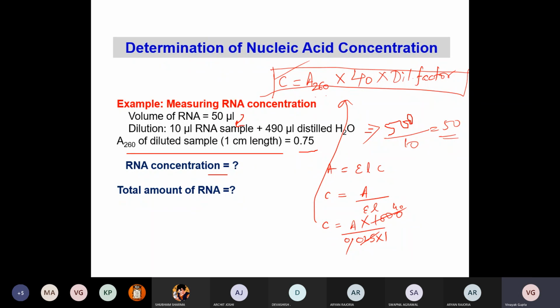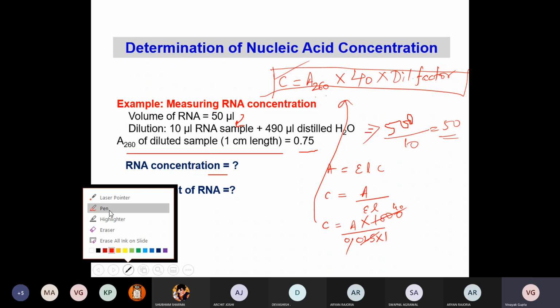Sir, a small question I had. We already got the value of C below. How did we get into dilution factor? Dilution factor means, whenever we do this DNA or RNA concentration, the original sample is 50 microliter and it has a very, very high concentration. So we take a small amount from there. Let's say here I have taken 10 microliter. Different types of spectrophotometers are there.